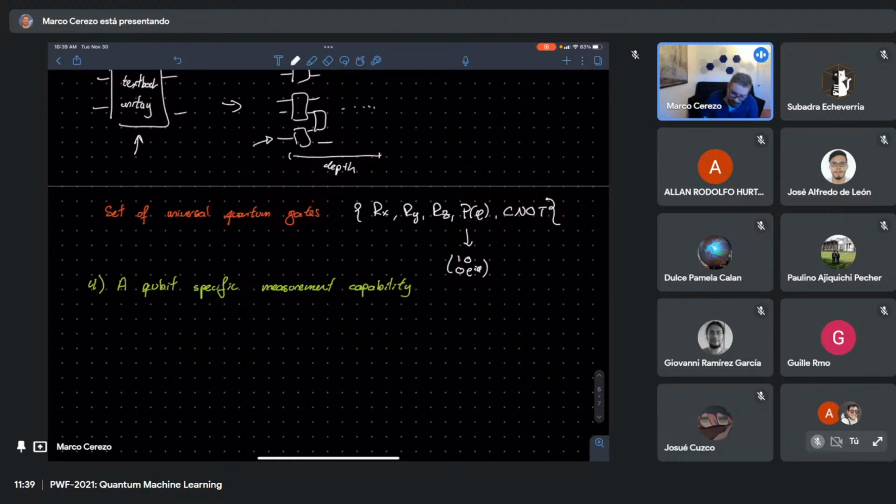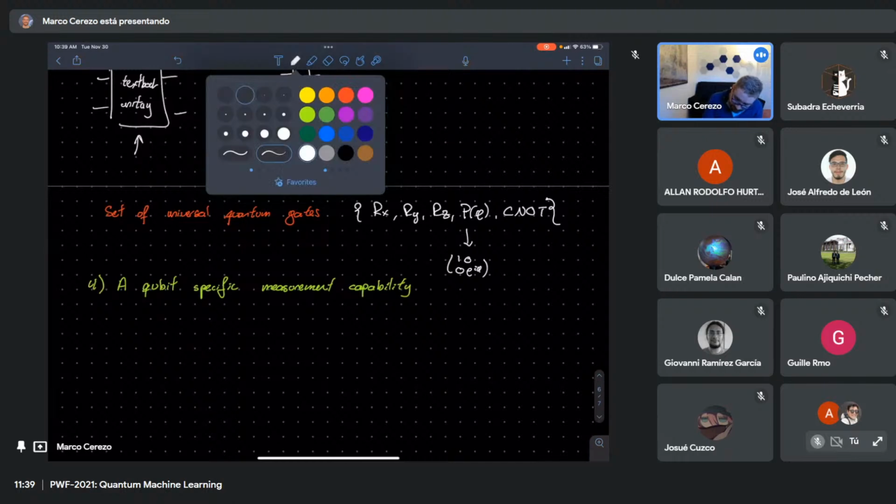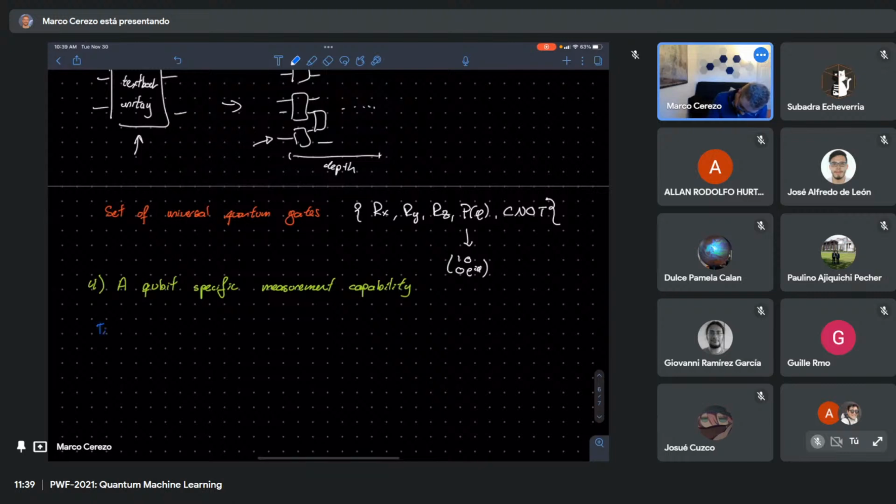So the natural things that we can do in a quantum device, and let's use this for our tip number 3, are initialization, evolution, and measurement.